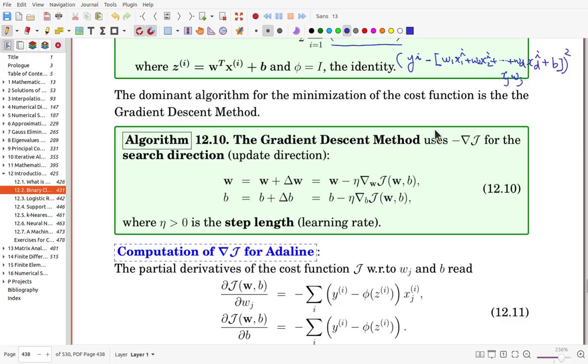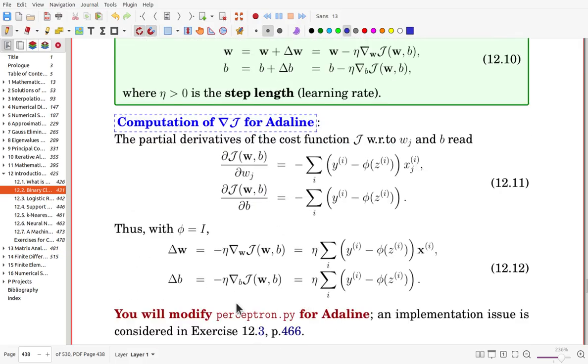There's xj with this negative, so that is minus xj. So that is the wj directional derivative. And if you get the b partial derivative, then similarly, the 2 will go to the front, and this term, and the coefficient of b is minus 1, so that we have over here minus 1. So those are the partial derivatives. And in vector form, we can get this one.